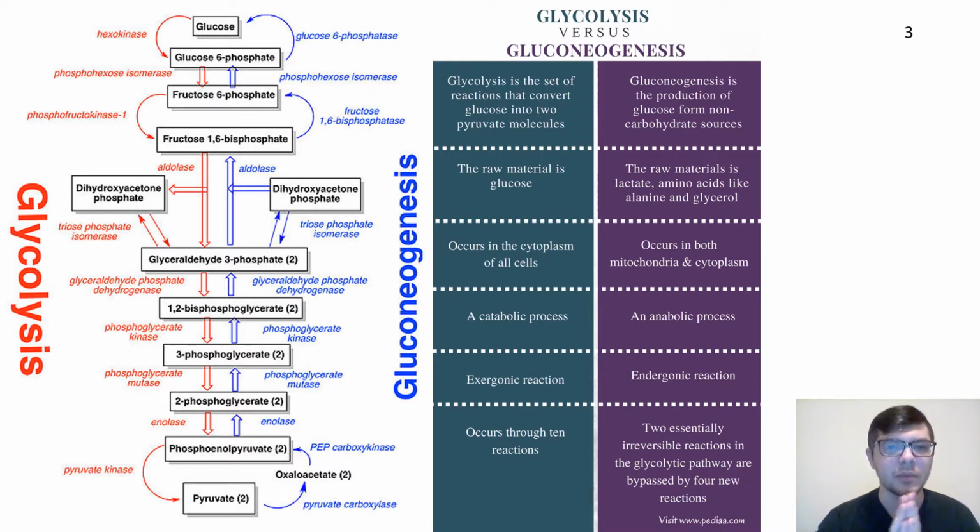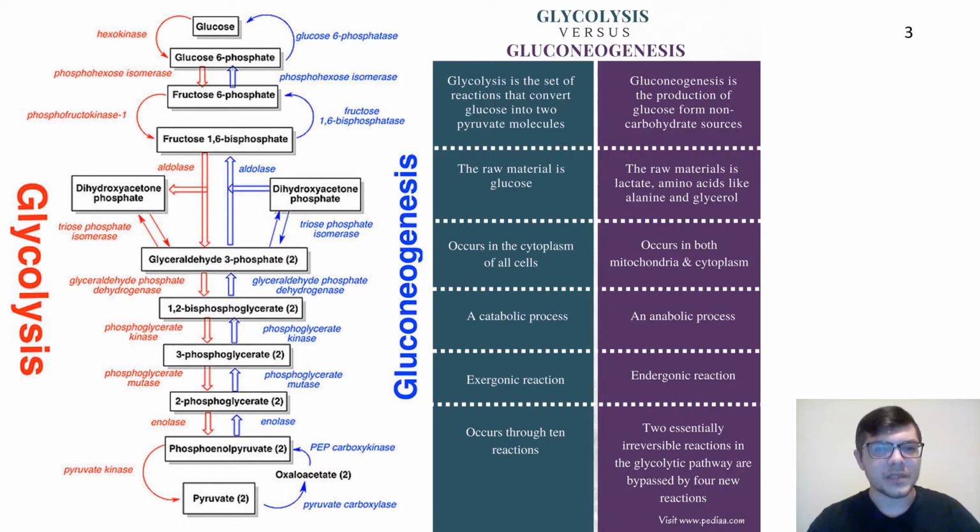On the left side, you're going through glycolysis where it's breaking down, and gluconeogenesis is building up. So glycolysis is a catabolic process, and gluconeogenesis is an anabolic, more or less, type of process.